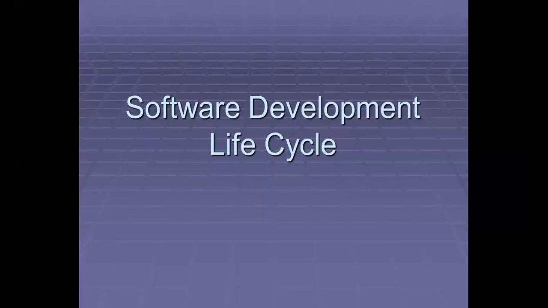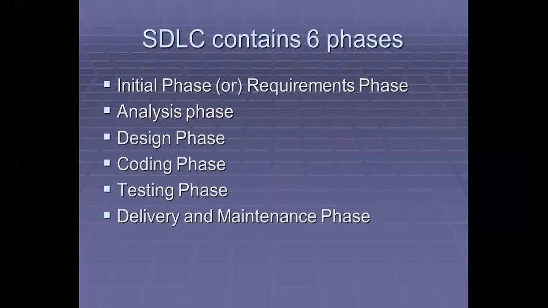The software development life cycle has 6 phases. The first phase is the initial phase, or requirement phase.